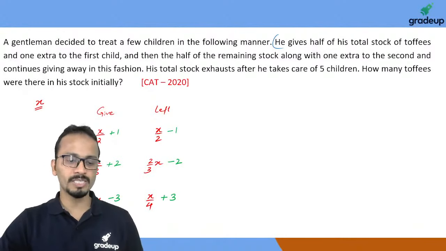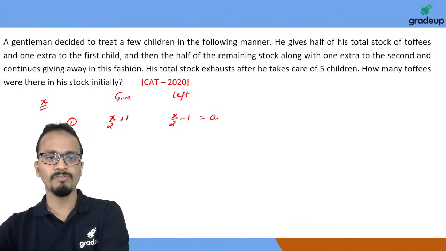He has given x by 2 plus 1, so he'll be left with x by 2 minus 1 toffees. I'll assume this value as A, the number of toffees he's left with after taking care of the first child.